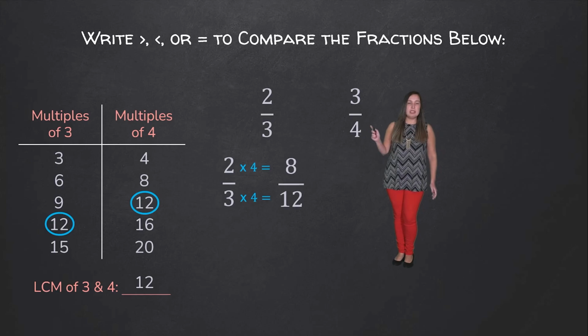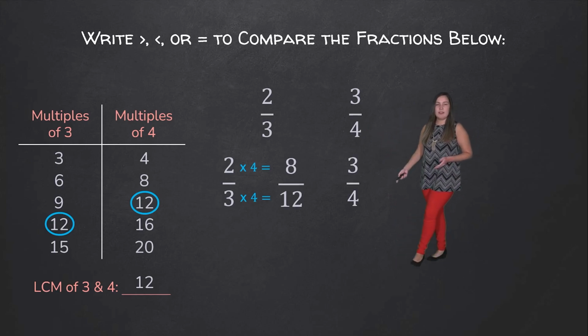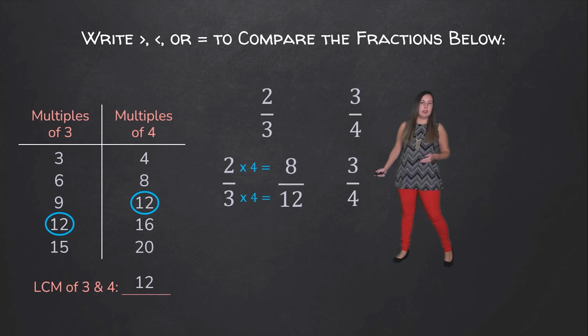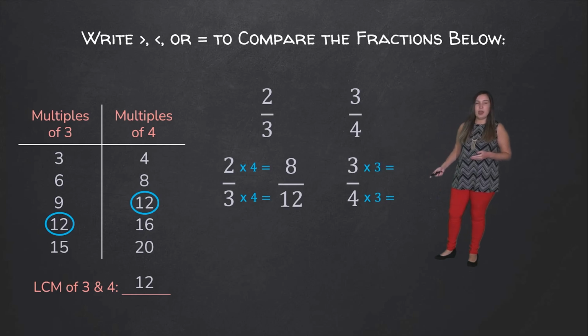Now, we're going to take 3/4 and we're going to do the same thing. We have to think to ourselves, if I have 4, what can I multiply it by to get 12? And the answer to that would be 3. And now whatever you multiply the denominator by, you have to multiply the numerator by.